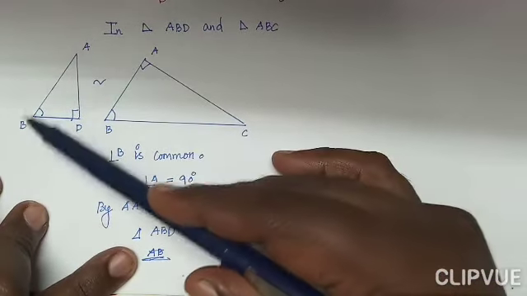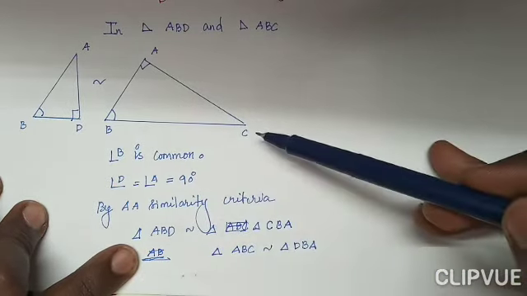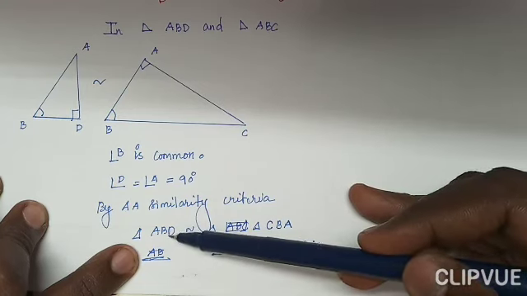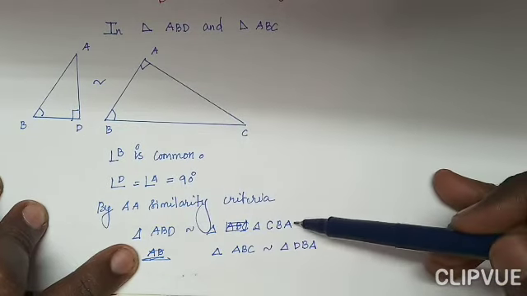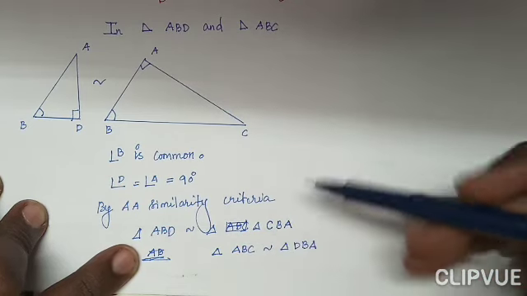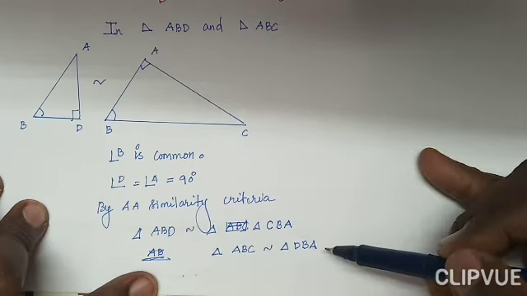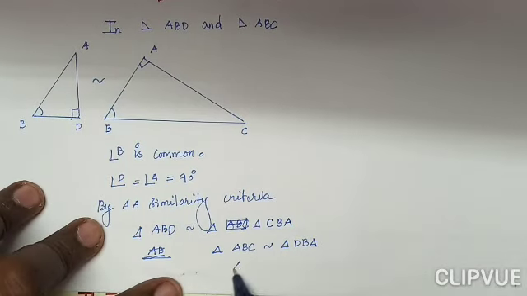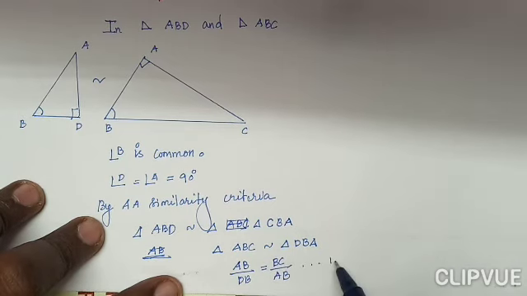If you take this triangle ABD, here angle A is equal to C, B is the common angle, and D is equal to A. So if you rewrite ABC, it should be written as DBA. If two triangles are similar, their corresponding sides are proportional. So AB by DB equal to BC by AB. Consider this as 1.